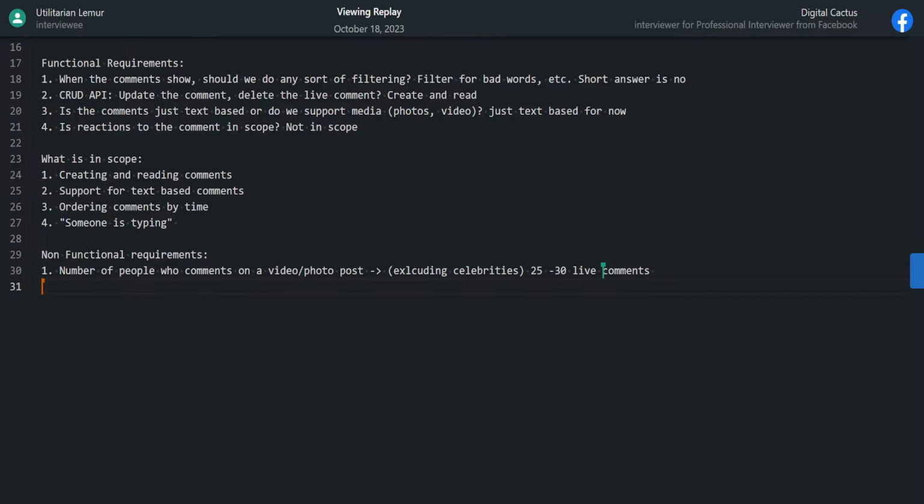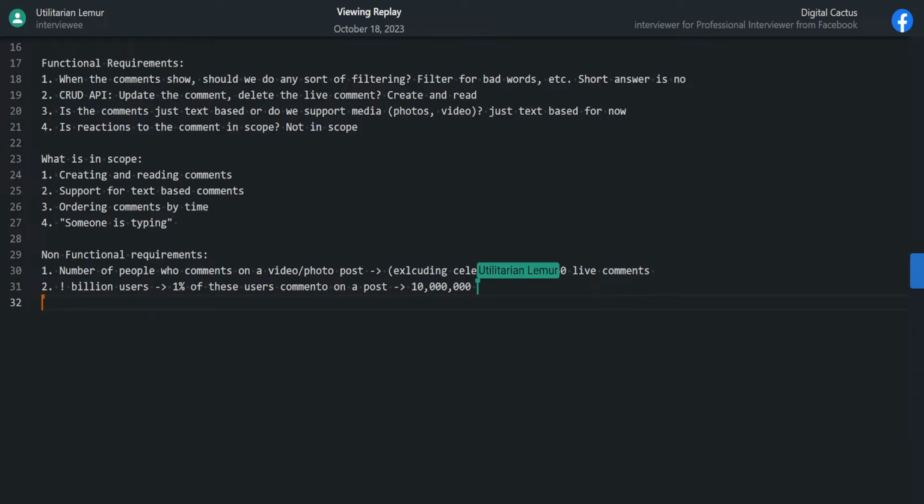And if I'm translating this to Facebook scale, you have 1 billion users. And even if you assume that 1% of these users comment on a post, that would translate to, I would say, 10 million.